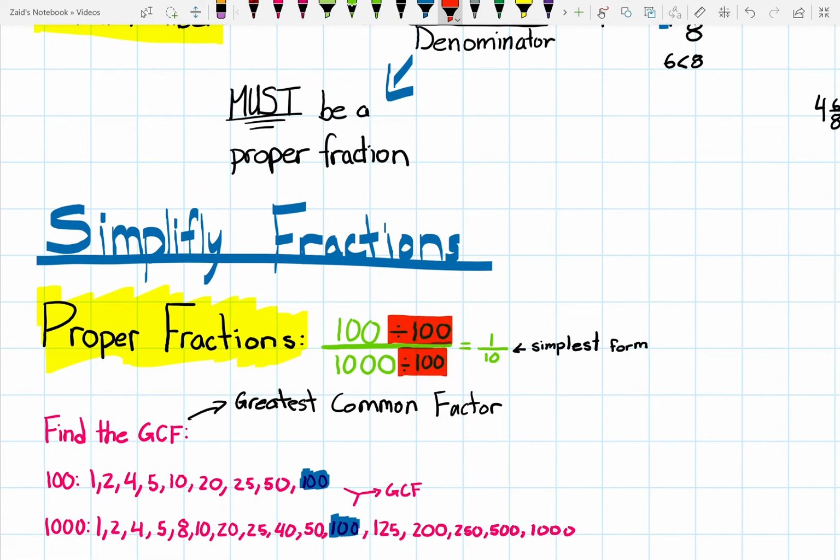We divide 100 by 100, and we divide 1000 by 100. So 100 divided by 100 gives me 1, and 1000 divided by 100 gives me 10. So 1 over 10 is our simplest form.